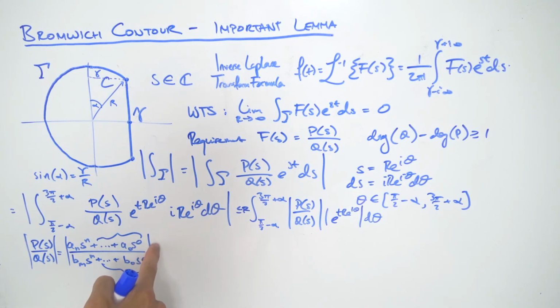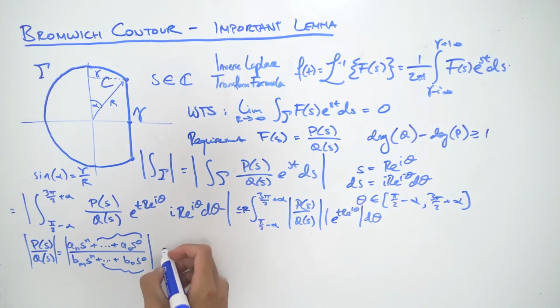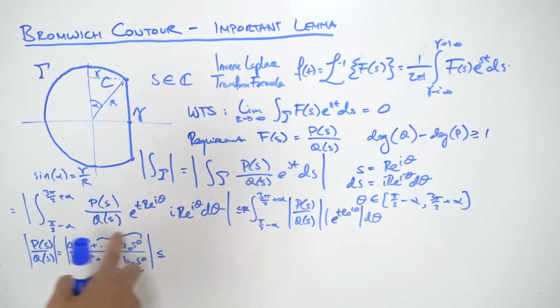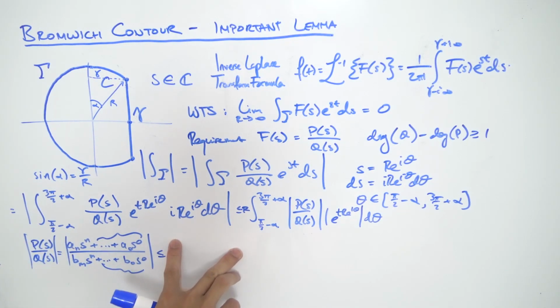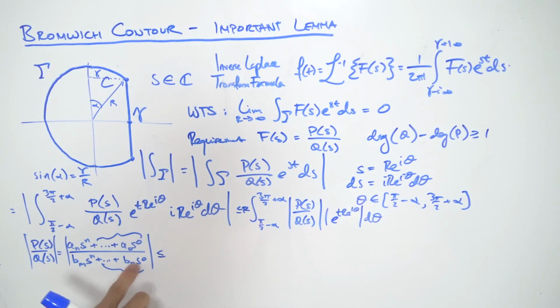And you can use, for example, the triangle inequality up here and the reverse triangle inequality on the denominator to bring the absolute values onto each term. So we can say this is less than or equal to, because if you use the triangle inequality on the top, this is going to be less than or equal to something. If you use the reverse triangle inequality on the bottom, it's going to be greater than, but since you're taking reciprocals, it's going to be less than.